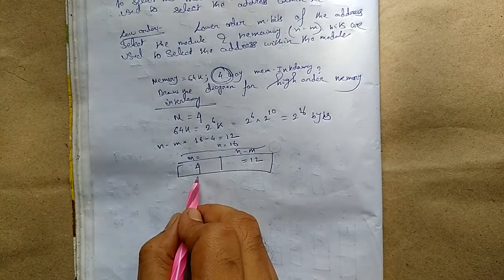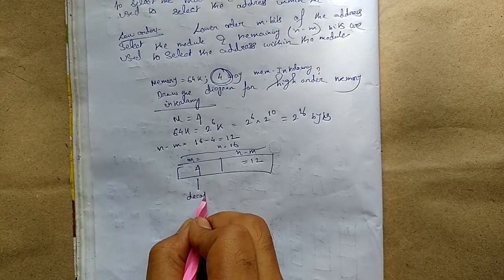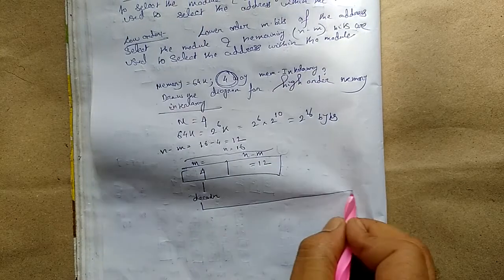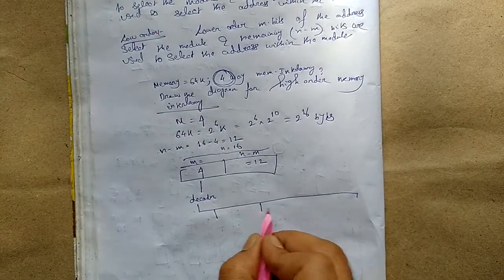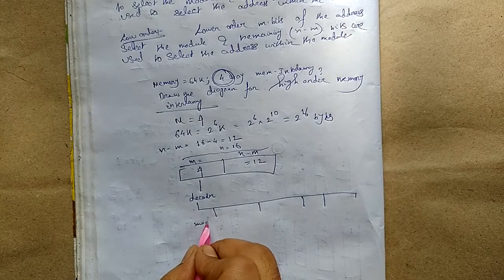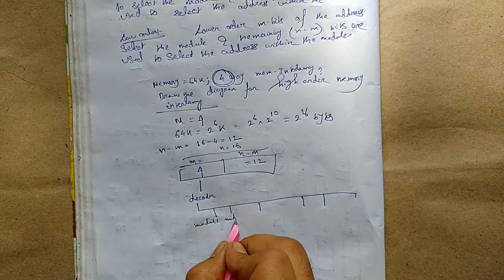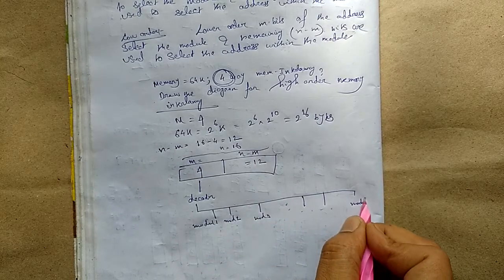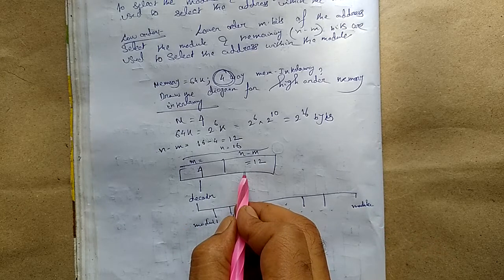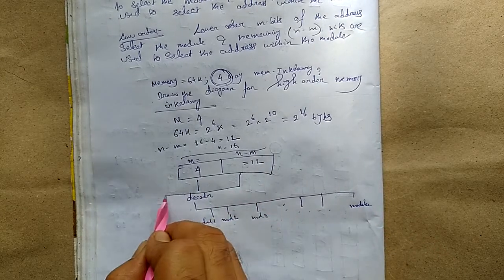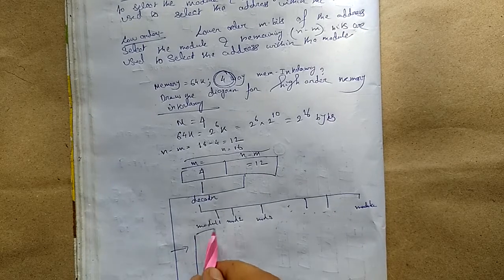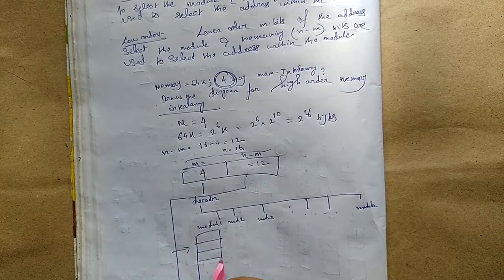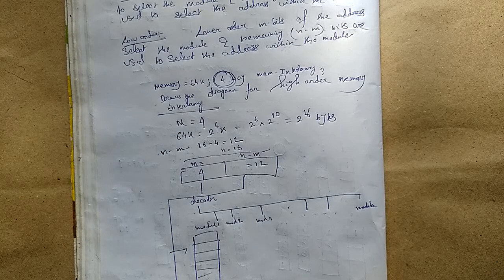Now there will be a decoder by which we will separate the modules: module 1, module 2, module 3, in this way. We will go up to module 16, and this N minus M will be used to select the address within the module. So this is all about high order memory interleaving.